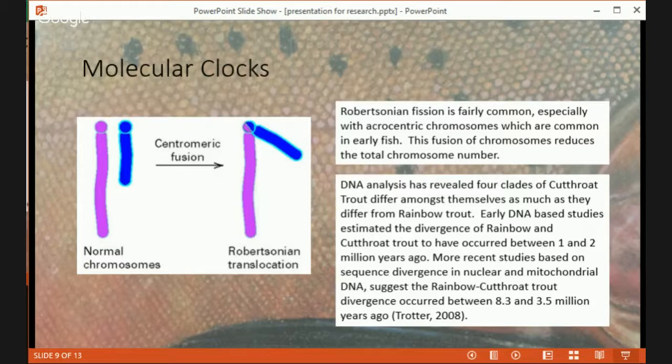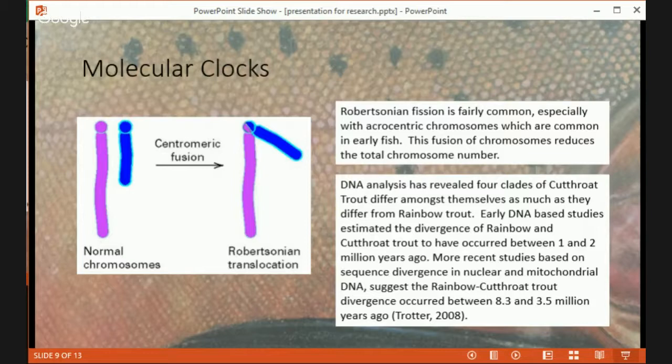So this idea that a tetraploid event could have occurred, helping the evolution of the species along, of the genus along, I guess, makes a lot of sense.